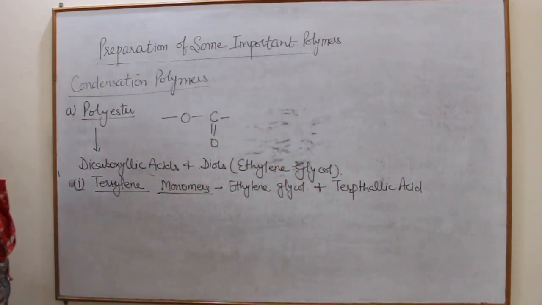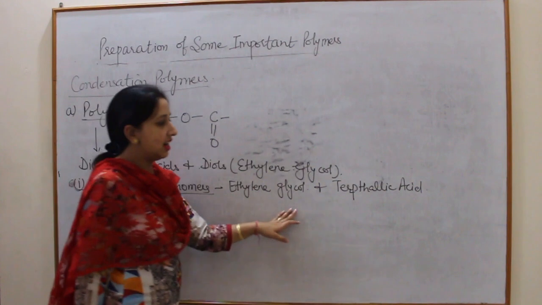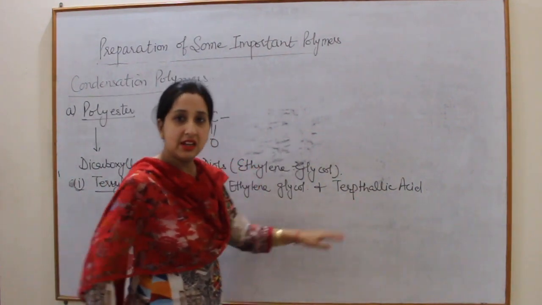You have to remember all the monomers of polymers. So first is your terylene, whose monomers are ethylene glycol and terephthalic acid.